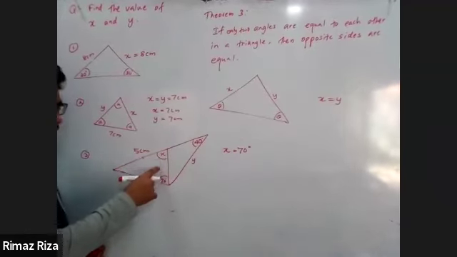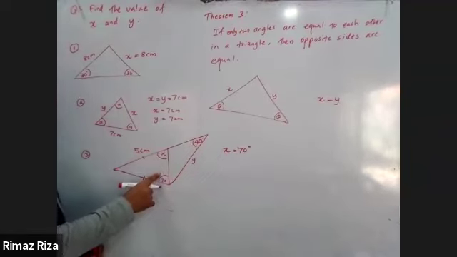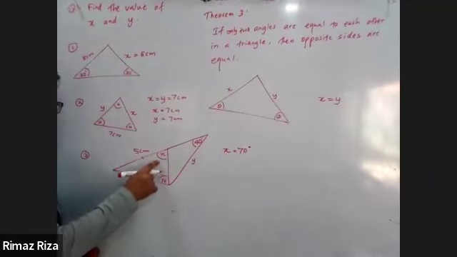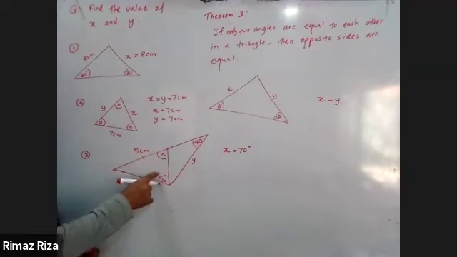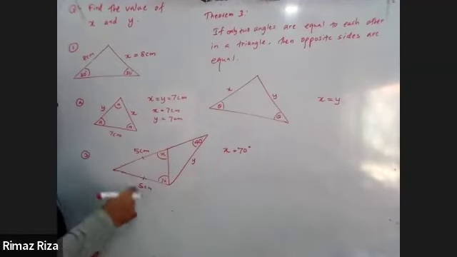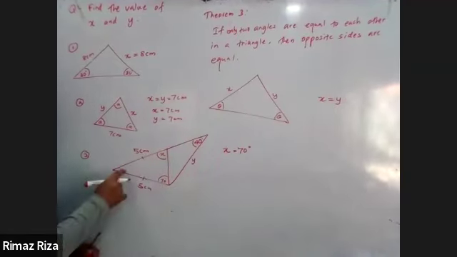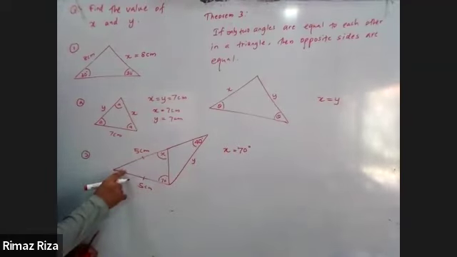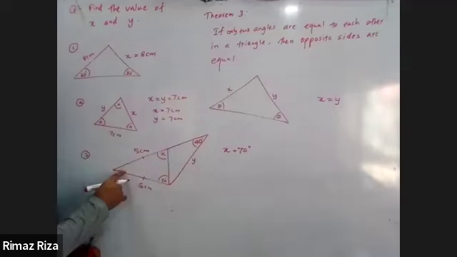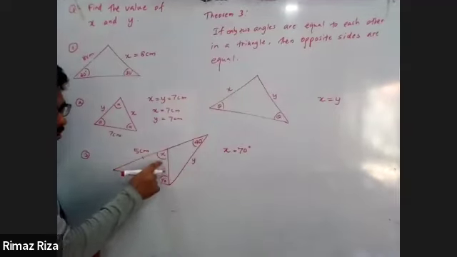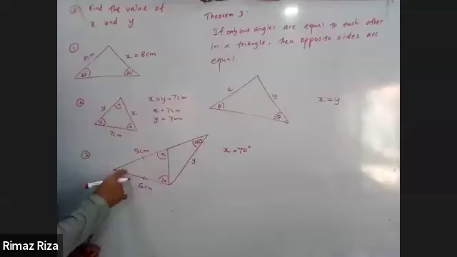So this is 70, this is 70. If you add these two angles, it will be 140. The triangle's total internal angle should be 180. So what is this angle? Yes, Umar, you are correct.